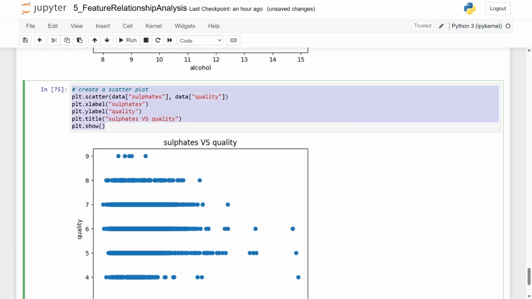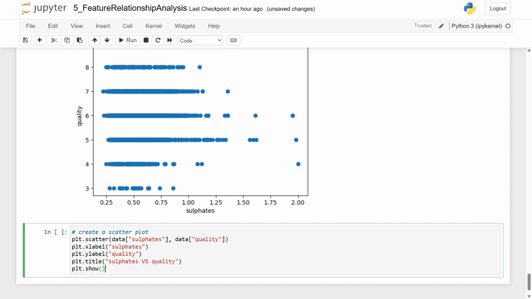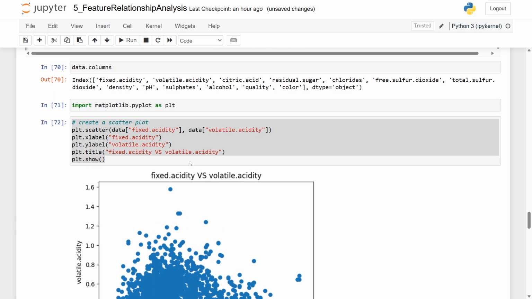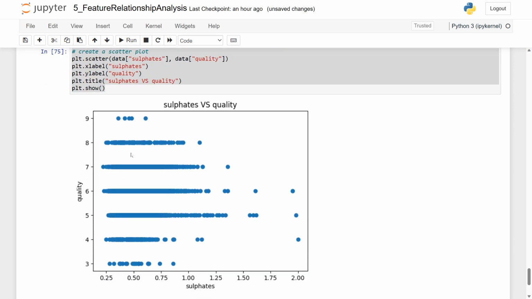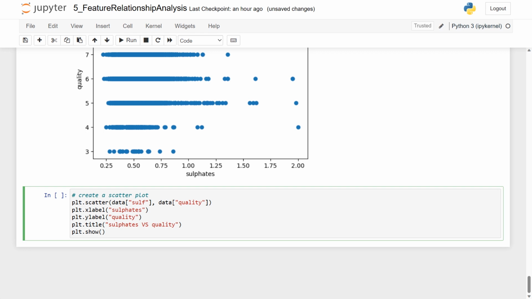So let's go for the other one, sulfur dioxide. It's total sulfur dioxide, and let's see what relation we're going to get here.